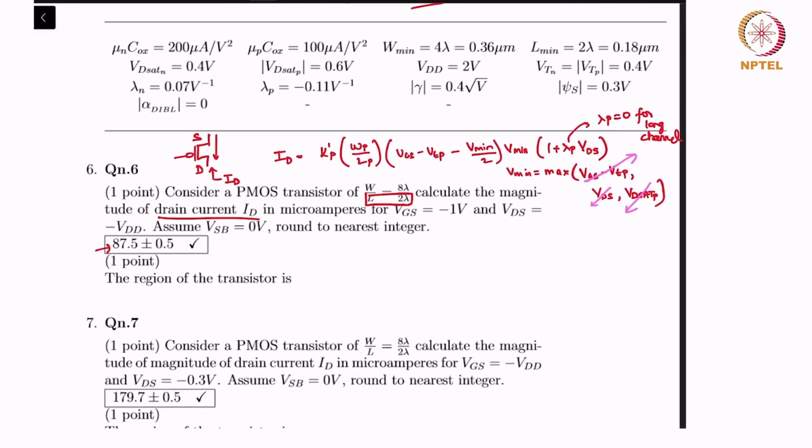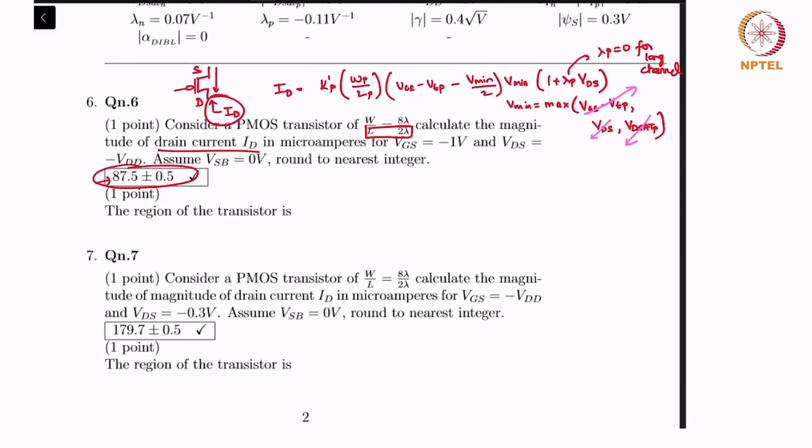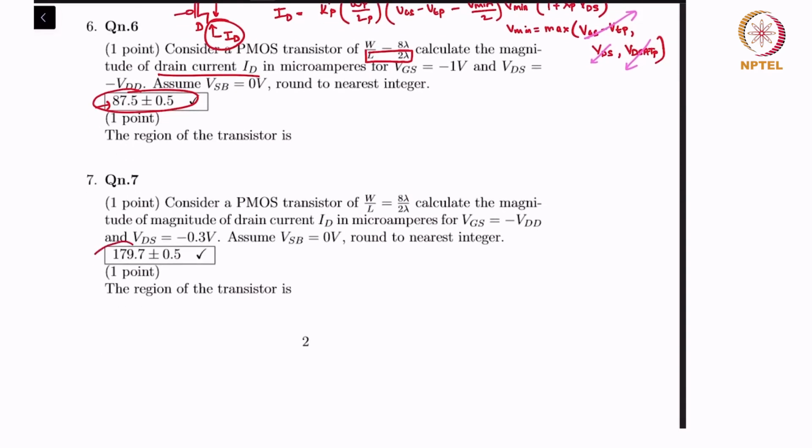Right, and yeah, so if you had solved it with the drain current as shown here and gotten the value that's negative of all these answers, then you will be given marks for that. So plugging these into question 6, 7, 8 and 9, you get the following values.